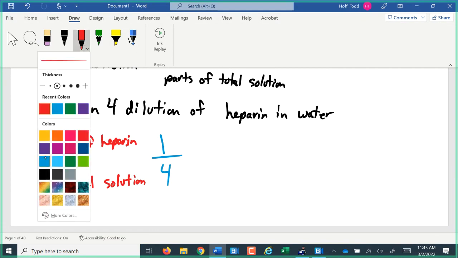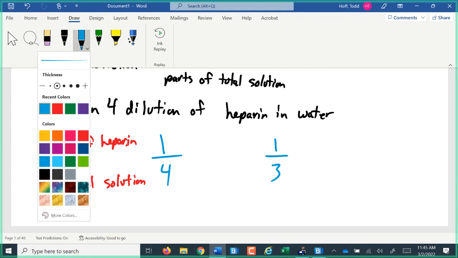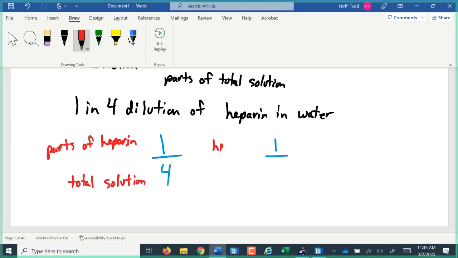Or I could adjust this to a ratio of, I'll erase the 3 here. Let's look for a ratio of the heparin to water. Now, remember, NS is the abbreviation we use for water. Neutral solution, normalized saline.